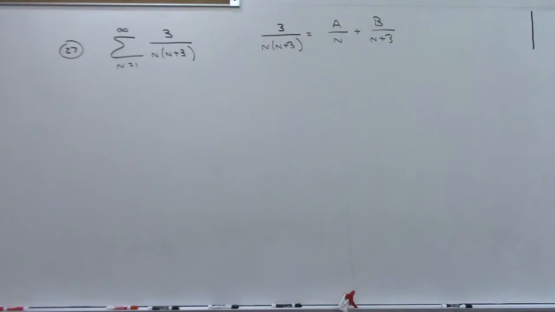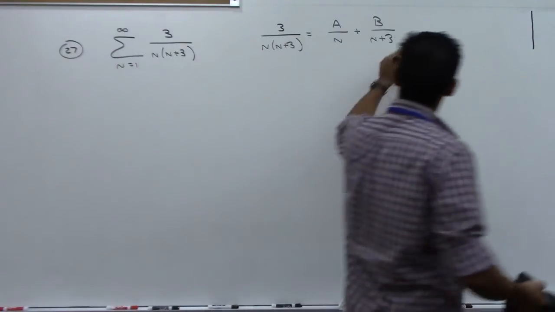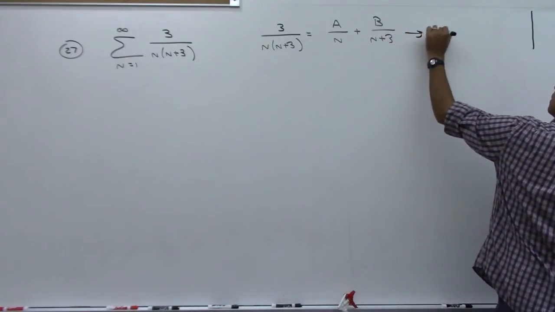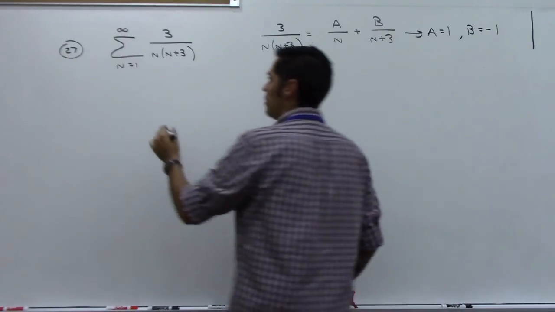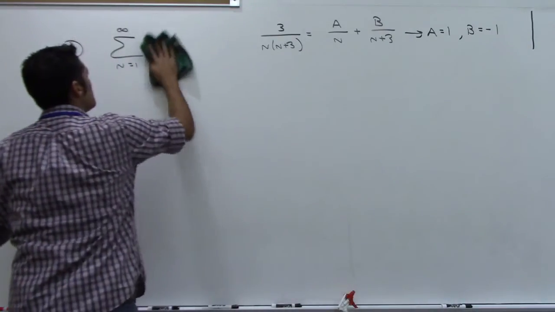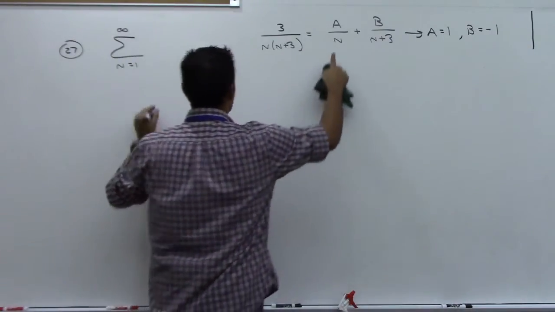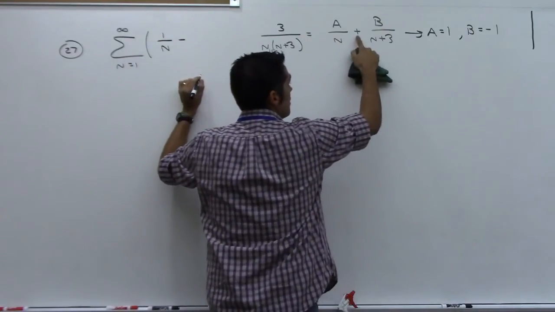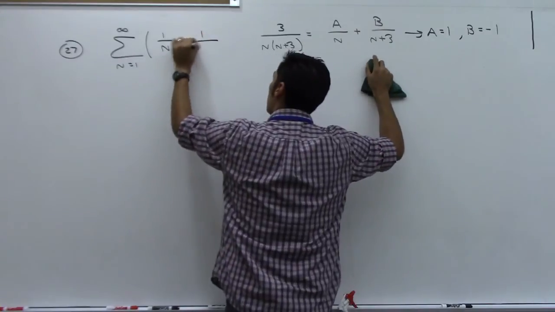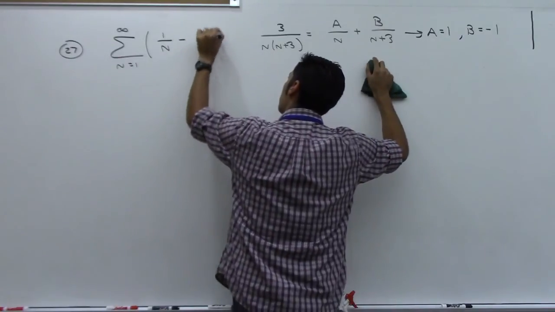It comes out to 1 and negative 1. So a is, when you do your partial fractions, a is going to be 1 and b is going to be negative 1. So this new series becomes sum n equals 1 to infinity of 1 over n minus, I'll just put the minus here instead of a plus, b over n plus 3.